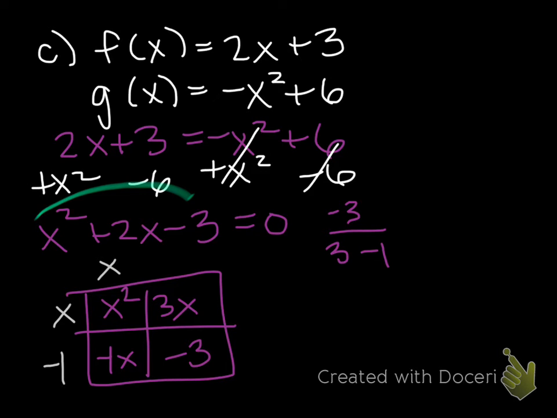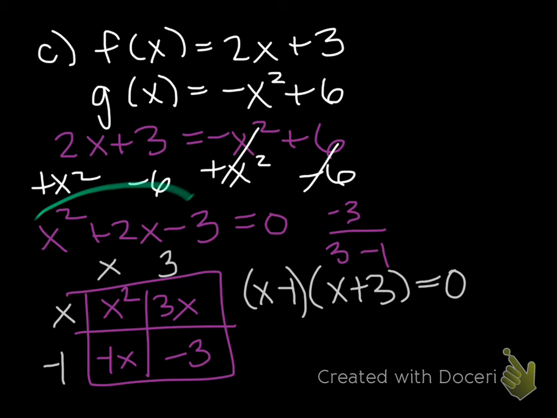Bottom left, I'll get a -1. And top right, I'll get a +3. And x plus 3. But again, we're setting these both equal to 0, so the two answers I get are 1 and a -3. And now your last job is to plug both of these values into the equation.